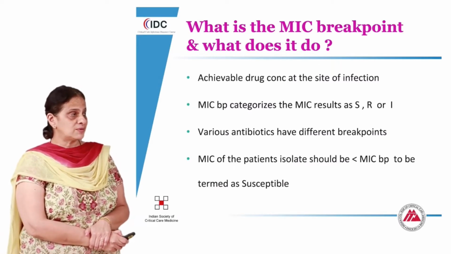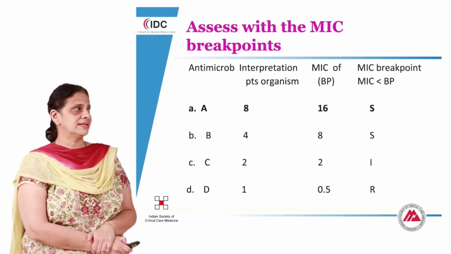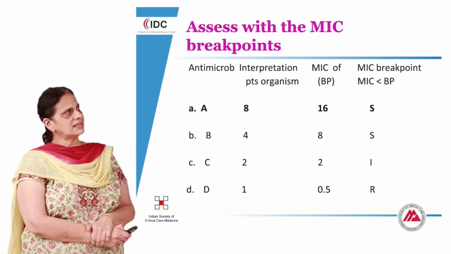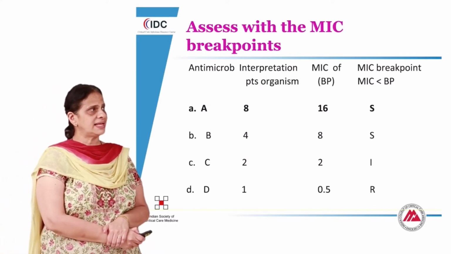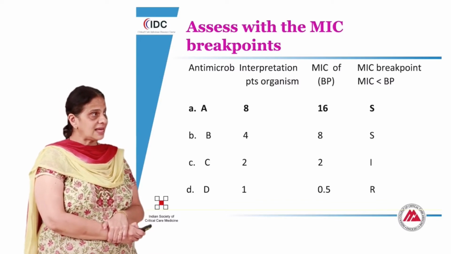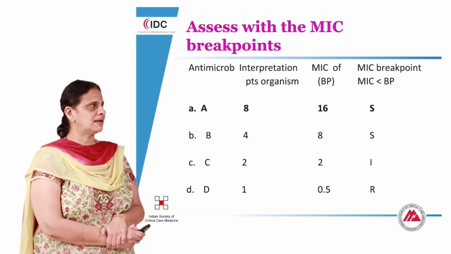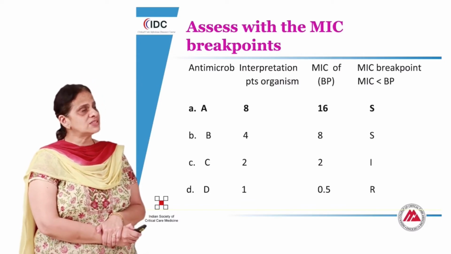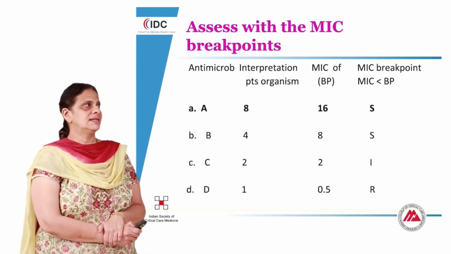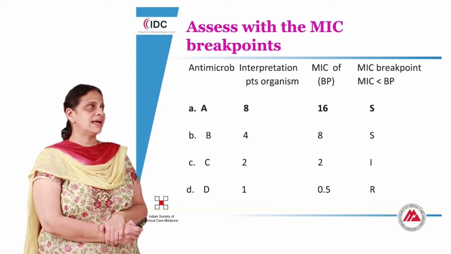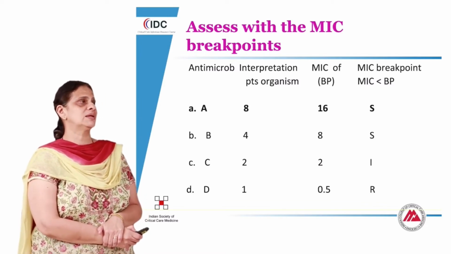But to be honest, and to reiterate, it's not just the patient's MIC that counts. You actually have to plug in the MIC breakpoint. So when you plug in the breakpoints, you will find that 8 was the only one that was sufficiently lower than the MIC breakpoint for that particular bug.